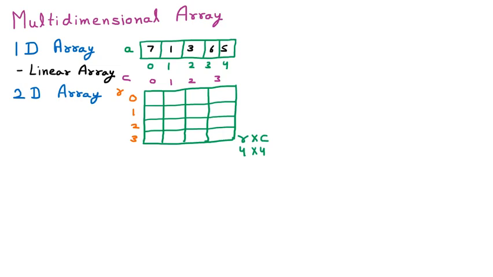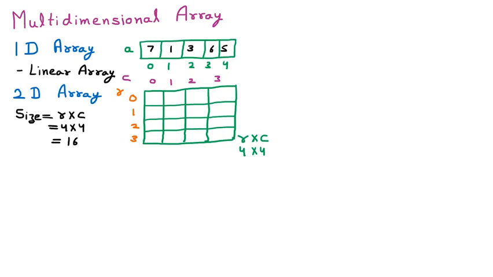Now the size of the array: we can say that size is equal to row cross column, which is equal to 4 cross 4, and it is equal to 16. That means 16 elements can come inside this 2D array.